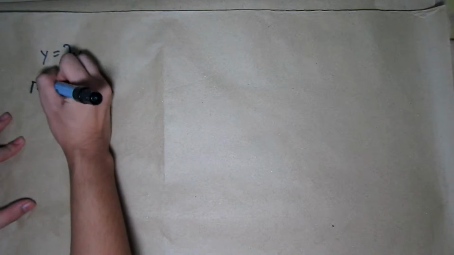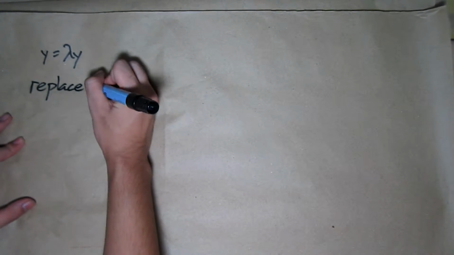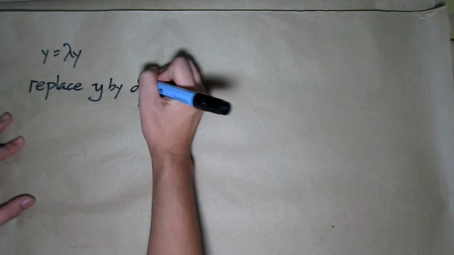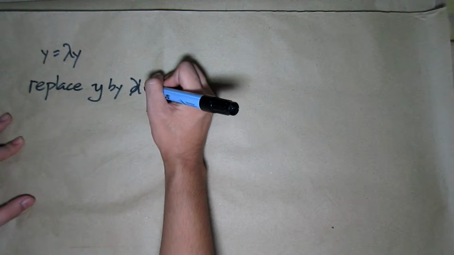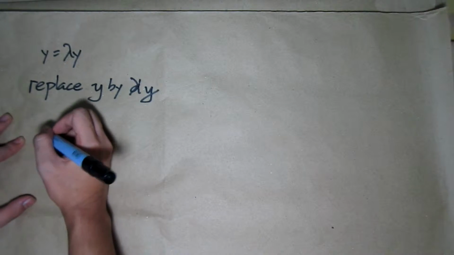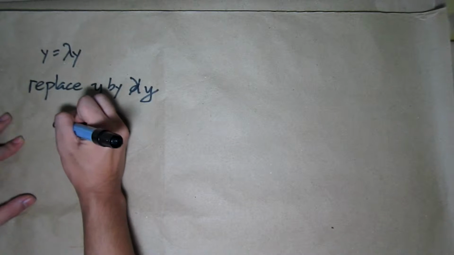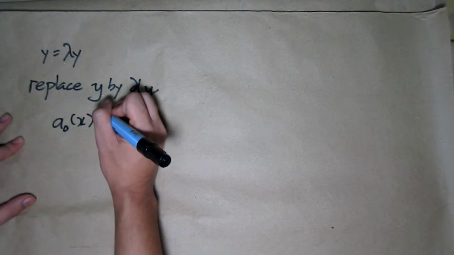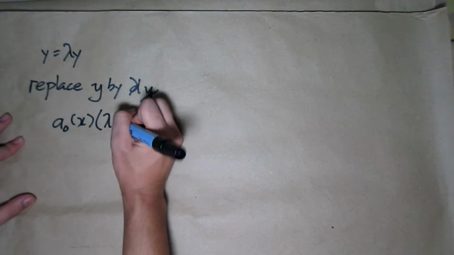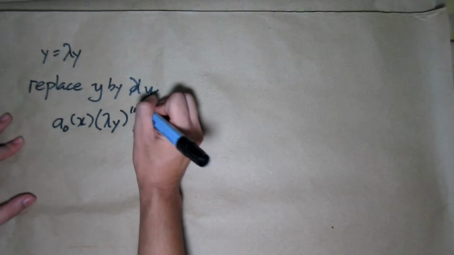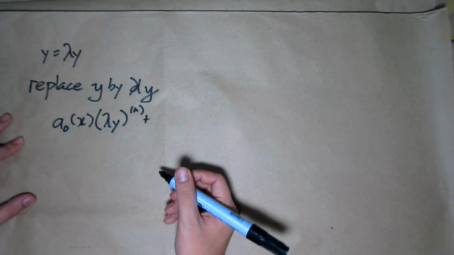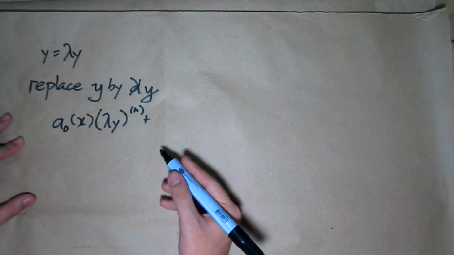Let's substitute it. So we replace y by lambda y. So we have a sub 0 of x, lambda y, perfect. By the way, this n is the derivative.